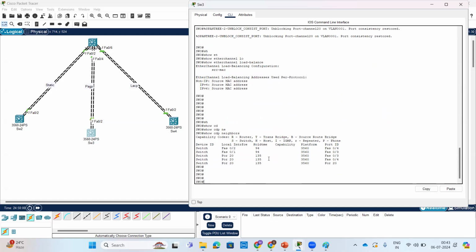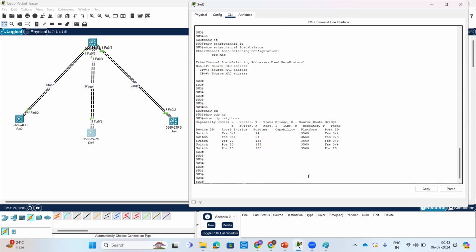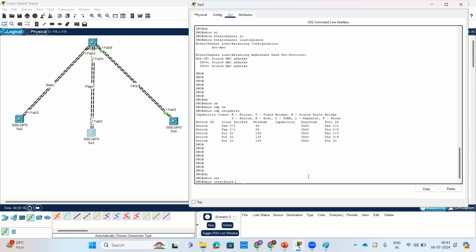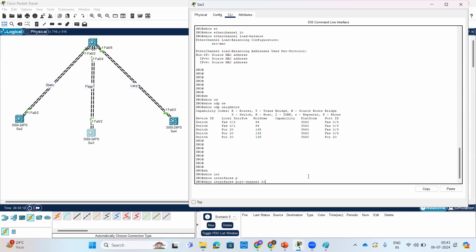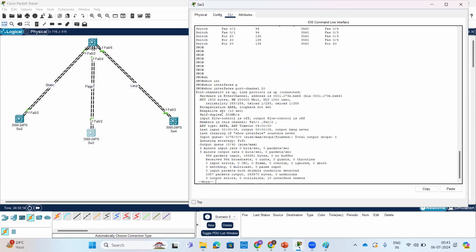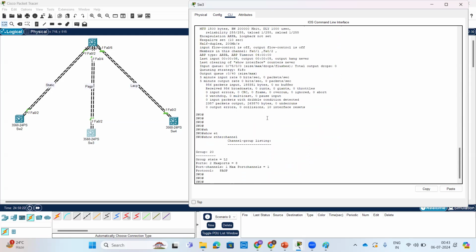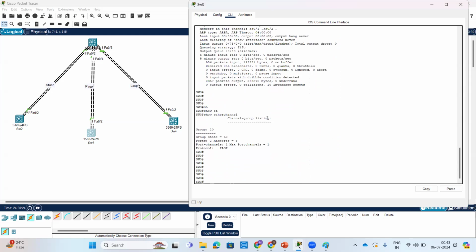The port channel with the help of the neighbor is established. Show interface port channel 20. The speed is 200. And show ether channel is the troubleshooting command.